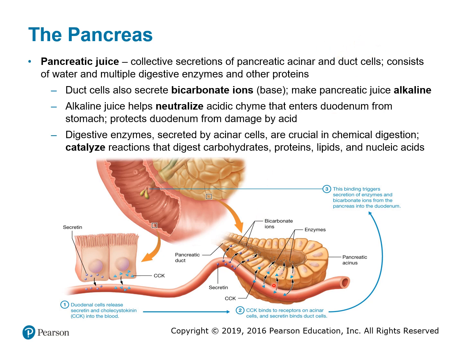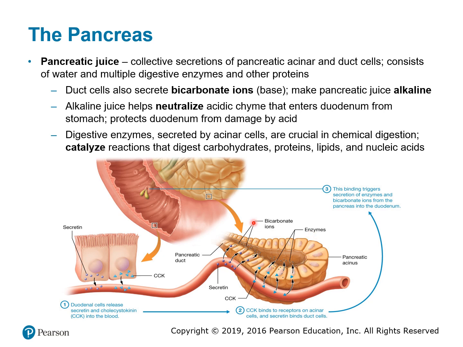So here are the cells, and they consist of water and multiple digestive enzymes and other proteins. The pancreatic juice is dumped in here, and what produces that juice is the pancreatic acinar and duct cells, which are found here.